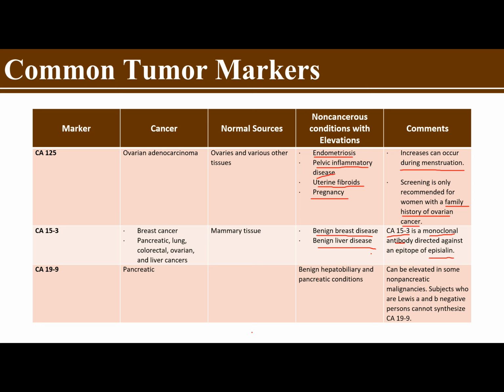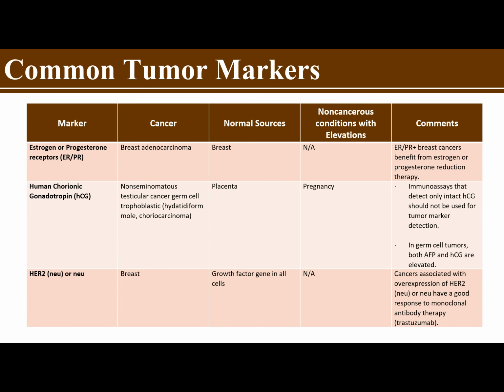Can it be elevated in some non-pancreatic malignancies? Subjects who are Lewis A and B negative persons cannot synthesize CA19-9. So take note of that, class. Your Lewis A and Lewis B negative people cannot synthesize CA19-9.